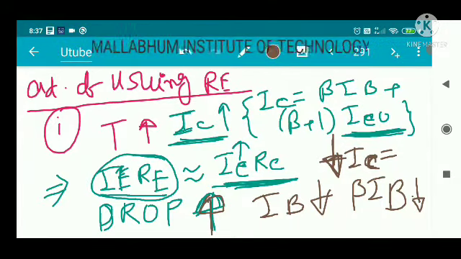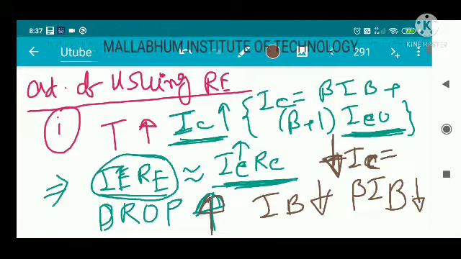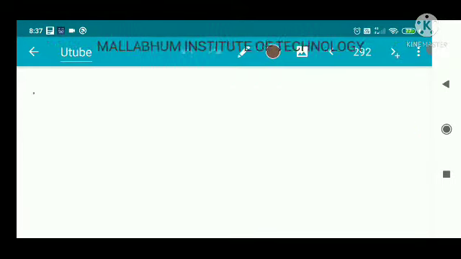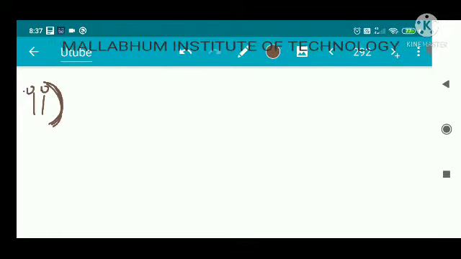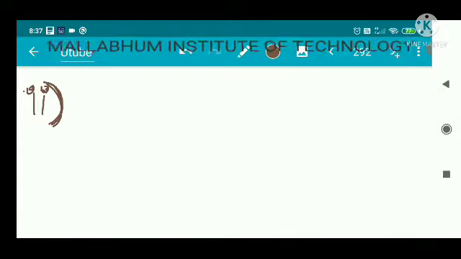So the next advantage is that if beta changes, that means if the beta value is higher, we want to make the transistor current independent of beta.